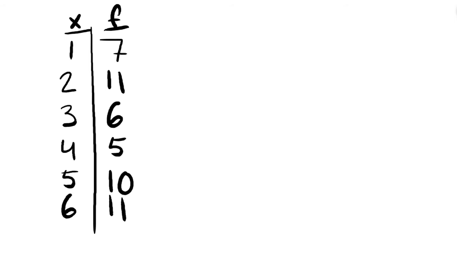So what we can do, we can use the other formula where we take just the sum of all the x's divided by the number of observations. So if we would do that, we would have, okay, we have 1 plus 1 plus 1 plus 1 7 times, and then plus 2 plus 2 plus 2 and so on 11 times. And well, you see how this becomes very repetitive?